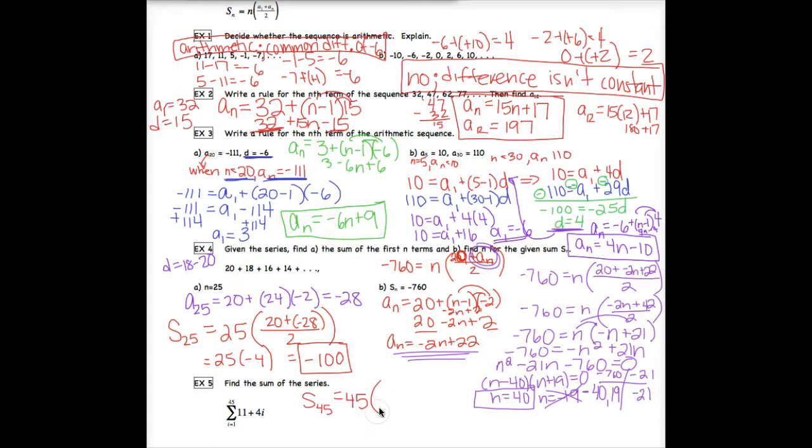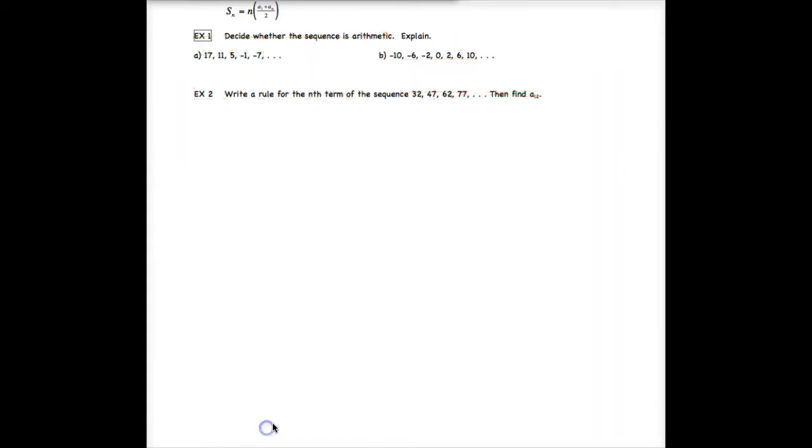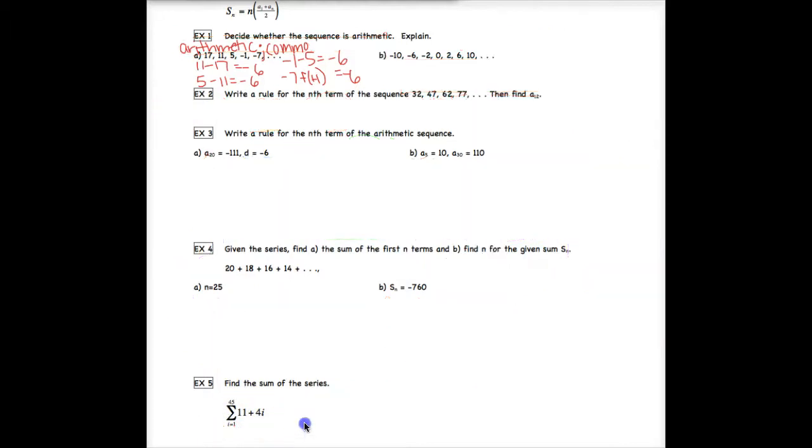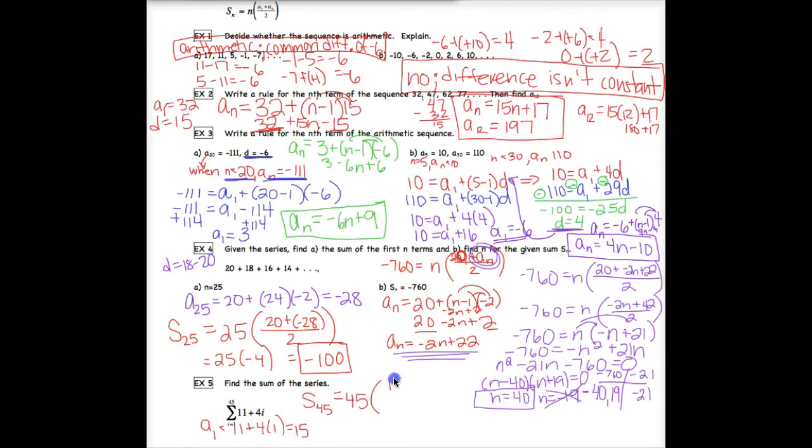Then the first term, so the first term would be at the initial number. So a sub 1 is going to be when you plug in 1. So 11 plus 4 times 1, which is going to give you 15. So a sub 1 is 15, so I can plug that in, plus a sub n. So I need a sub 45.